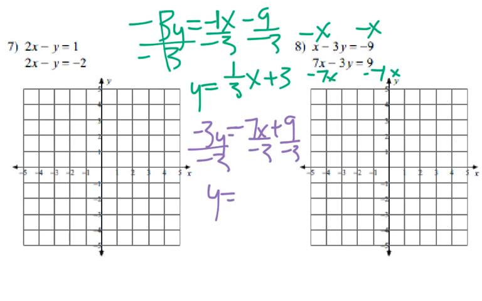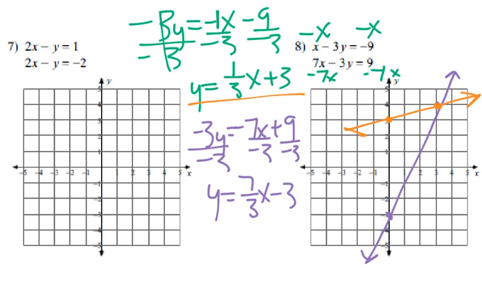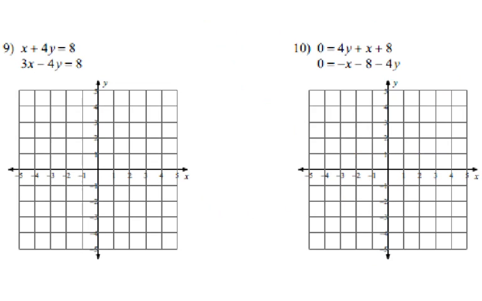You get y equals positive 7/3 x minus 3. So we know we can graph them both. Negative 3, and we'd go up 7, 1, 2, 3, 4, 5, 6, 7, to the right 1, 2, 3. Draw your graph. Go with the other one, positive 3, then up 1 to the right 3. And we can see exactly where they intersect. So there's our answer, 3, 4.